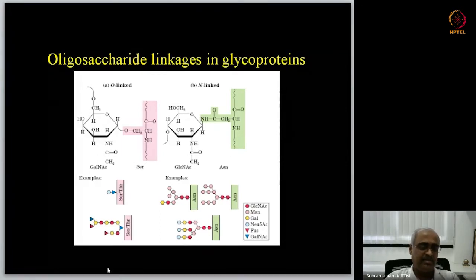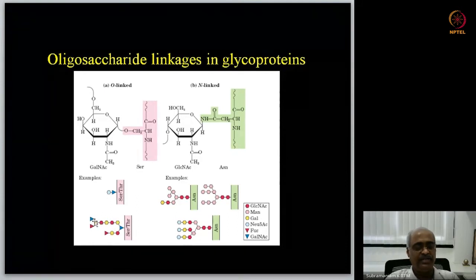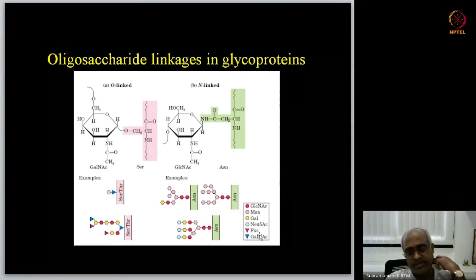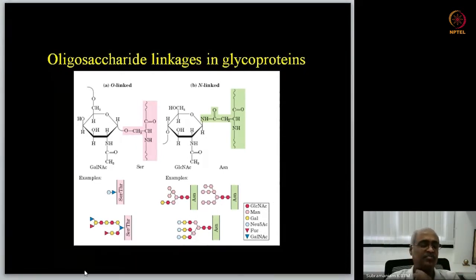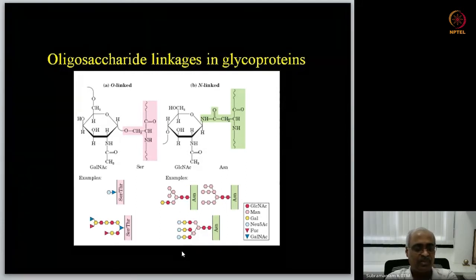And here are some examples. These are specific carbohydrates attached. Each one is color coded and explained here: mannose, galactose, N-acetyl neuraminic acid, fucose, and so on. You see they all have specific sequences, and these specific sequences can therefore have specific codes. Each one can be like a pin code, and therefore they are recognizing structures.